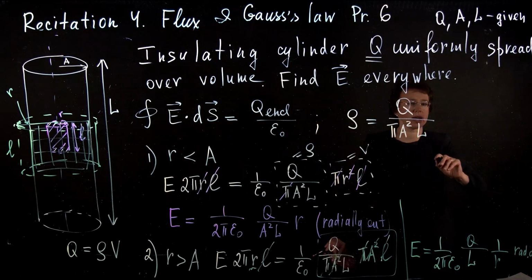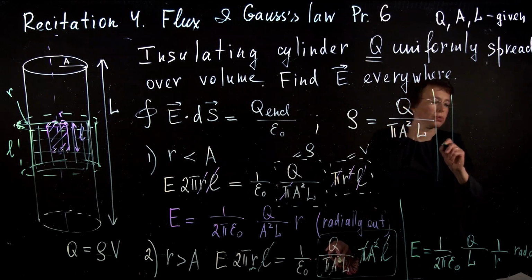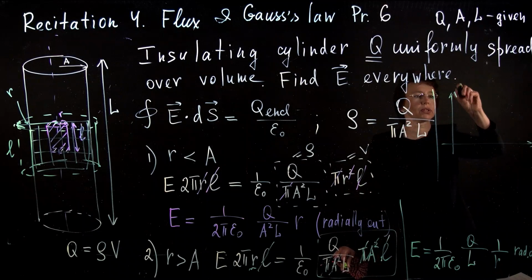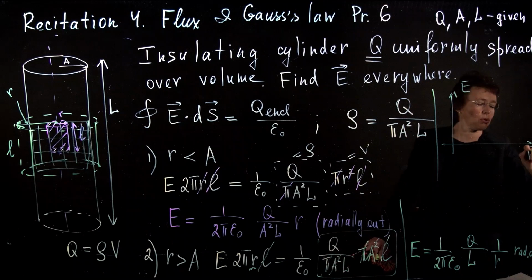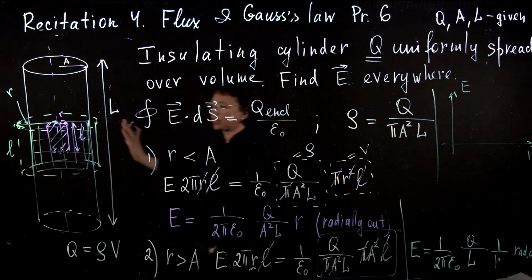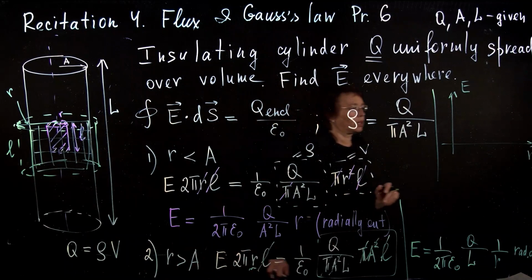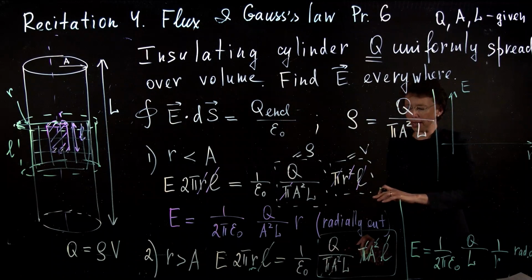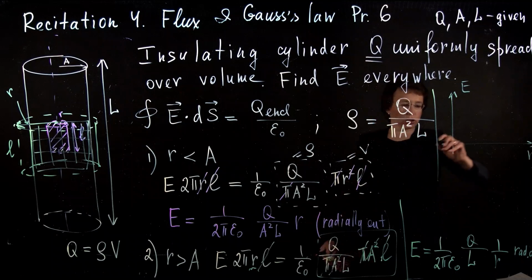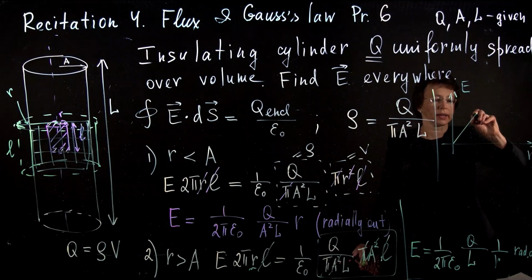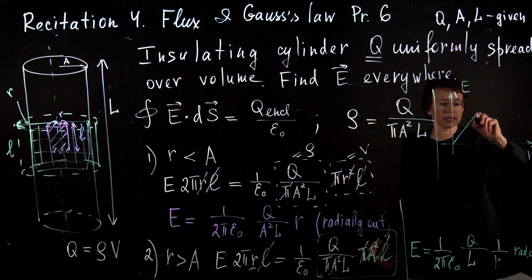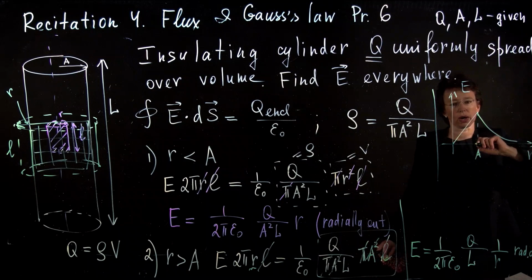So if I plot this electric field E as a function of r, considering just r to the right, inside the electric field is proportional to r, and outside of the cylinder it behaves as 1 over r.